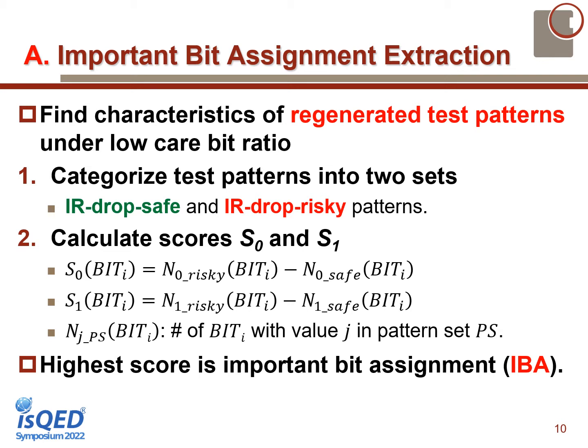As you can see, the score is defined as the difference of the numbers of IR drop risky patterns and IR drop safe patterns with bit i equals 0 or bit i equals 1. The largest of all these scores is our important bit assignment, or IBA. We only choose one bit as IBA in our experiment.